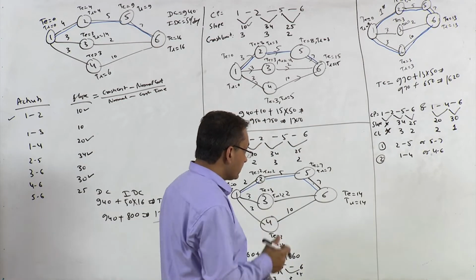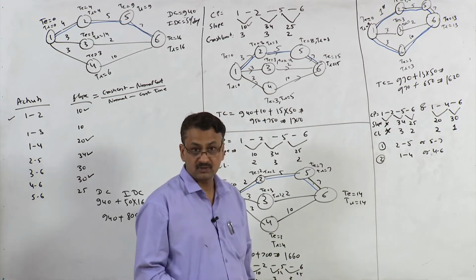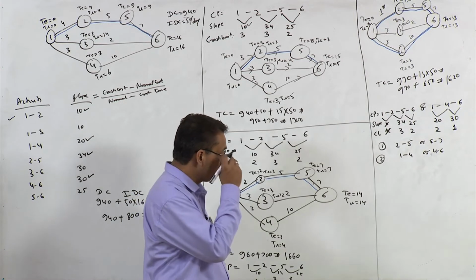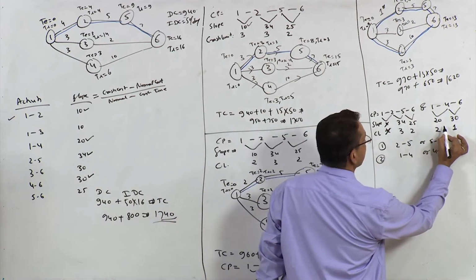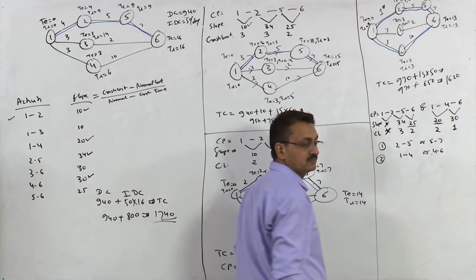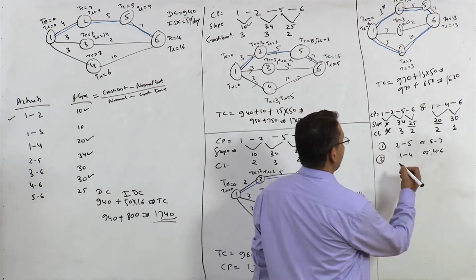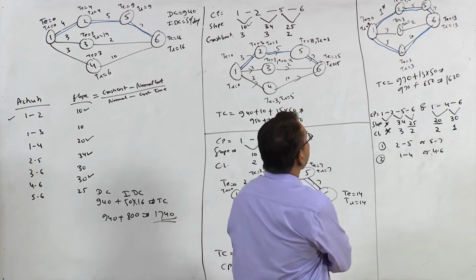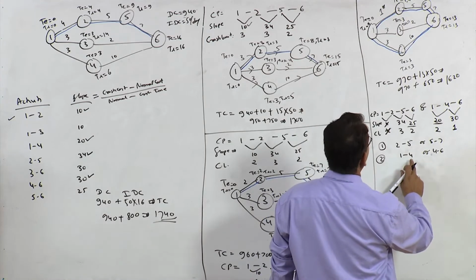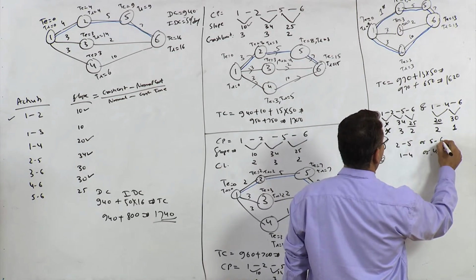So for this, first of all, again the least cost slope will help you in selecting the critical activity. The least slope here is 20, and for this 25, right? So select activity 5.6, this is for 1.4 and 4.6, so this is 2.5 and 5.6, right?